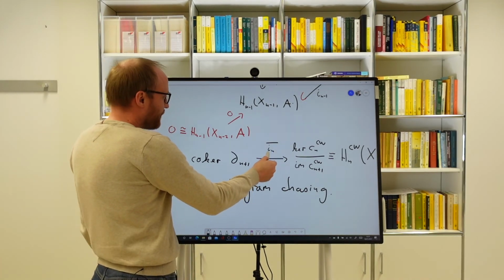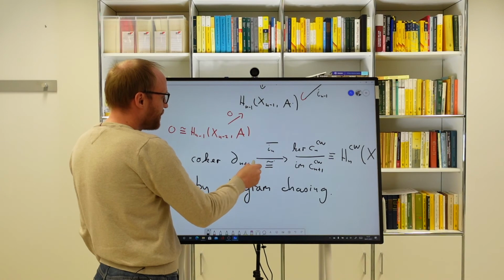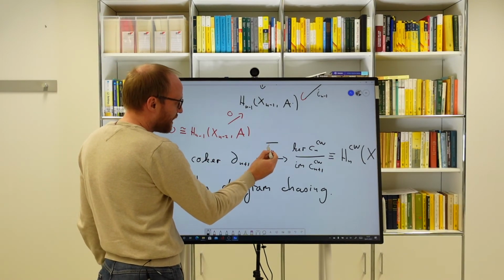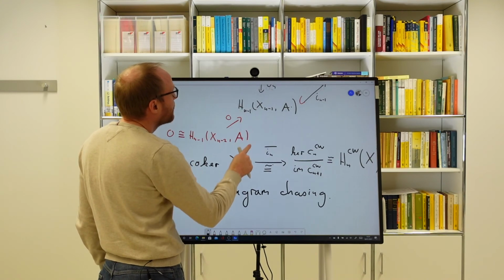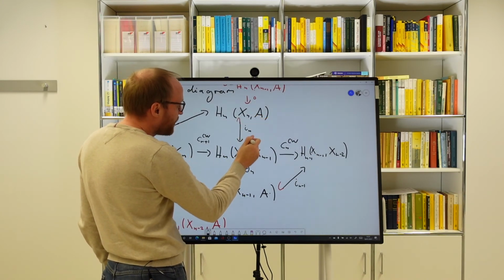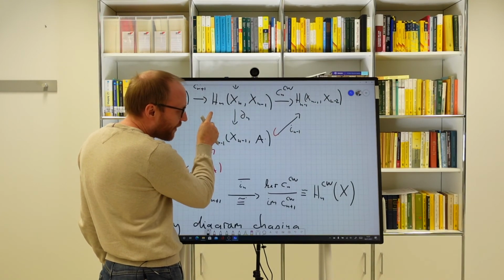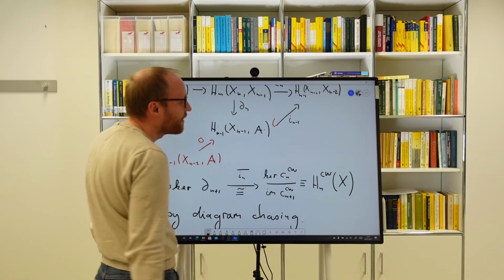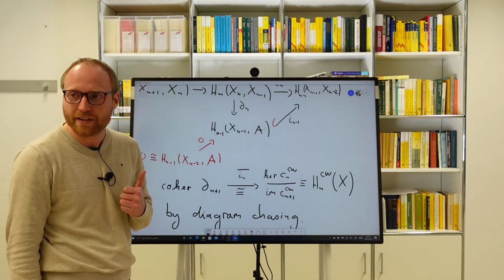So what does well-definedness mean here? Well, it's actually two conditions which we have to verify. So first of all, we have to see that if I start at Hn of Xn comma A, and I follow this arrow in, then I end up in the kernel of Cn. Otherwise, I don't even end up with this map where I want to. That's the first thing we need to verify.